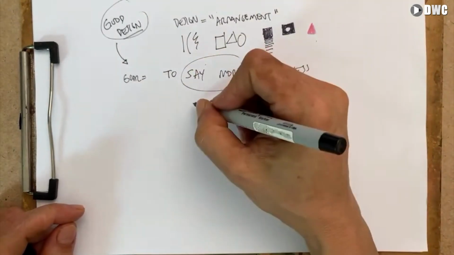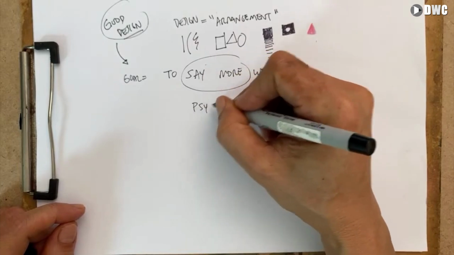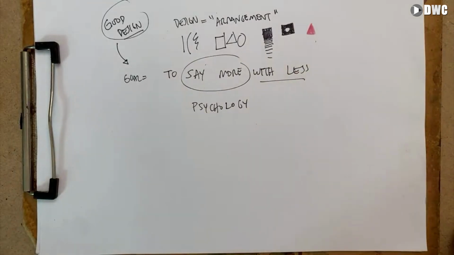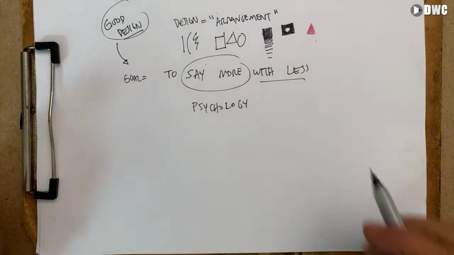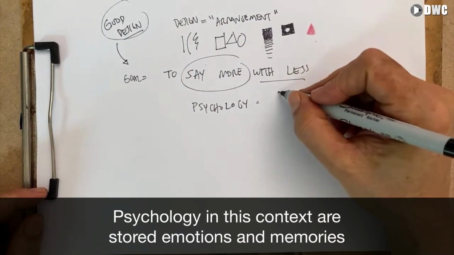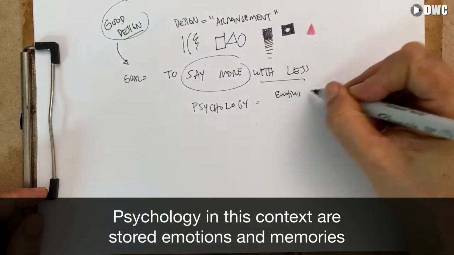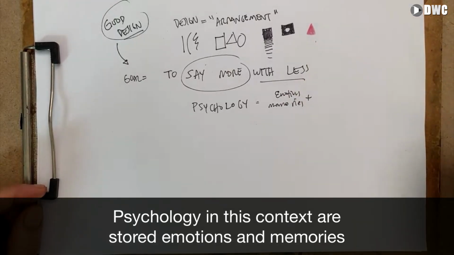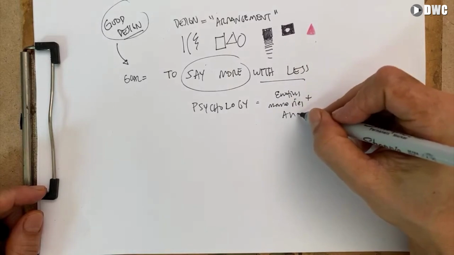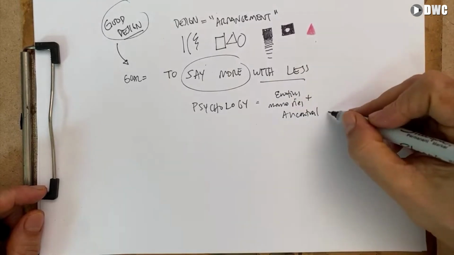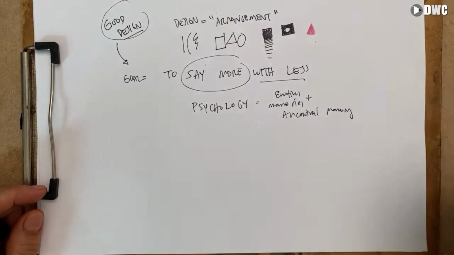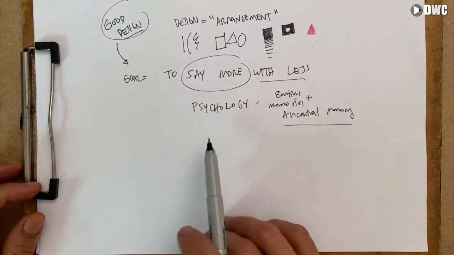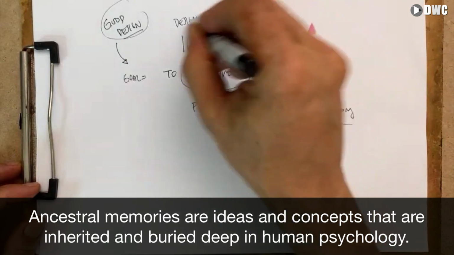How do we do that? One way we could do that is with psychology, which is why I mentioned Molly Bang. She covers it very elegantly. And psychology is basically old feelings, emotions, and memories of human beings. So these are some of the things that we have buried within us, in all of our psychology, in all of our DNA, in all of our memory. We have these ancestral memories, and we can trigger these things with shape.